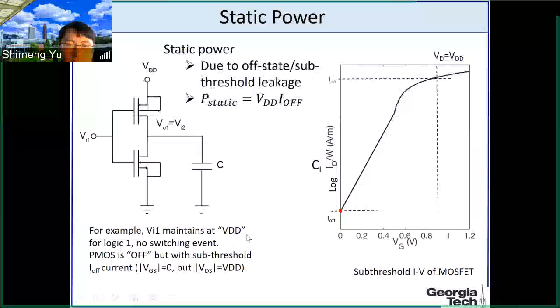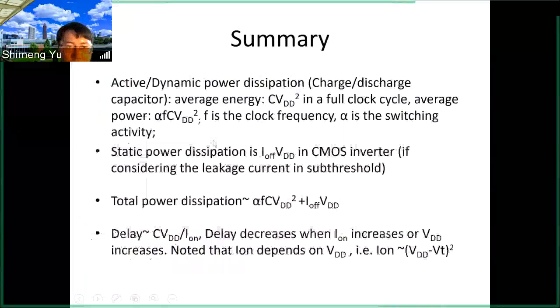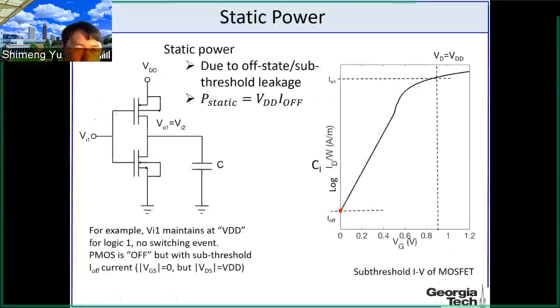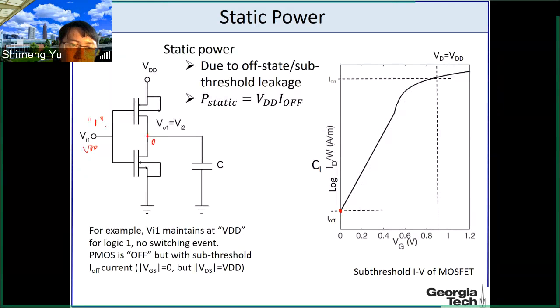So why do we consume this static power here? For example, if the input is kept at 1, there's no switching. If input is 1, that means this is VDD, and then this is 0. So for the PMOS, the VGS is 0, but the VDS is VDD.